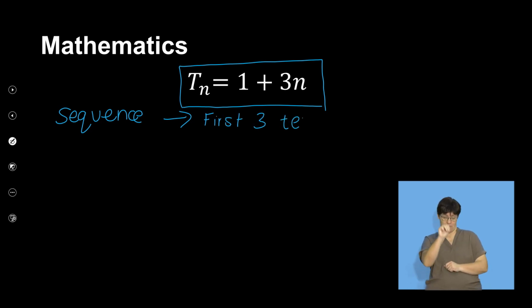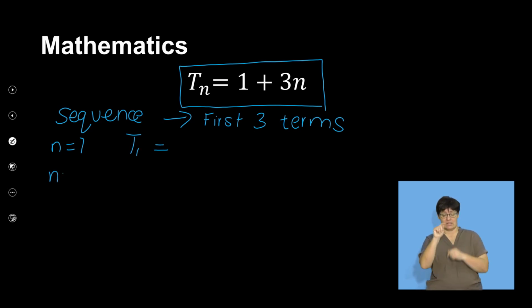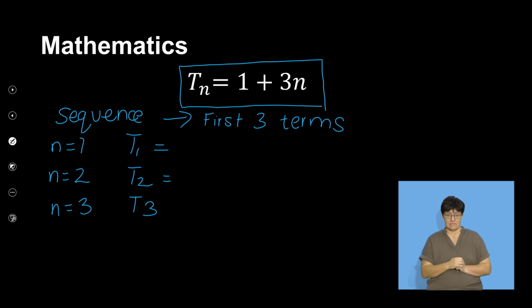And if I'm determining the first 3 terms, I'm going to be substituting in n is equal to 1 to find T1, n is equal to 2 to find T2, and n is equal to 3 to find term 3. Please remember that when I'm replacing n, I'm substituting in for n, where the coefficient of that n is 3.